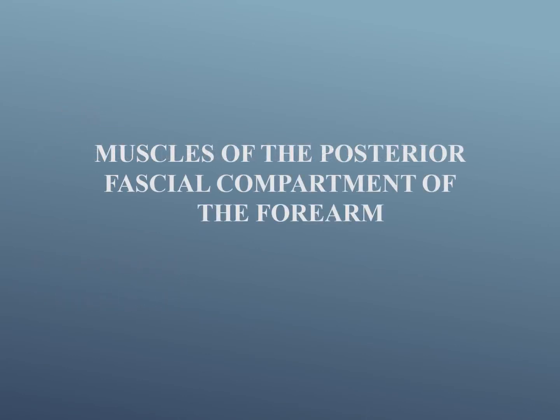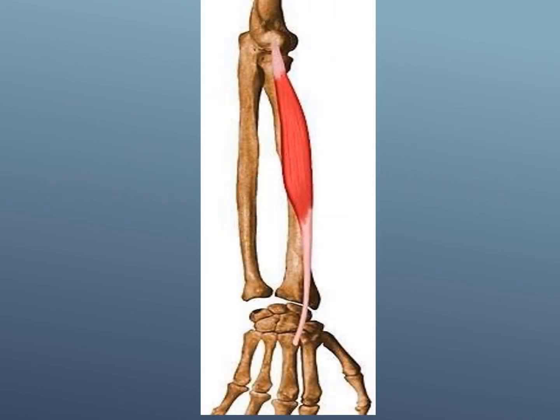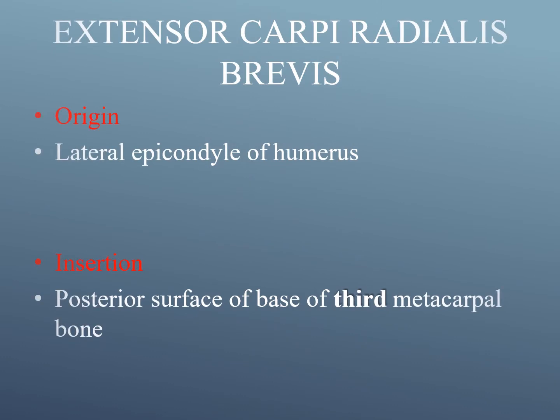Muscles of the posterior fascial compartment: extensor carpi radialis brevis, because it is smaller as compared to the extensor carpi radialis longus muscle. We can see this is the extensor carpi radialis brevis muscle. It originates from the lateral epicondyle of the humerus and it is inserted on the posterior surface of the base of third metacarpal bone.